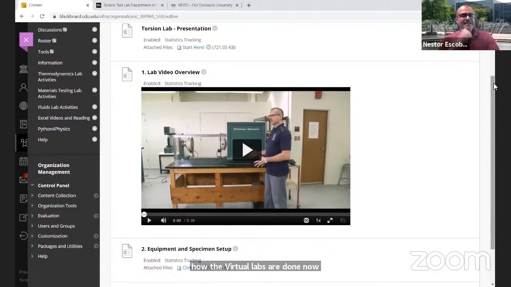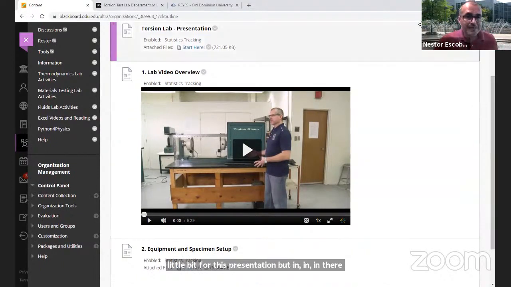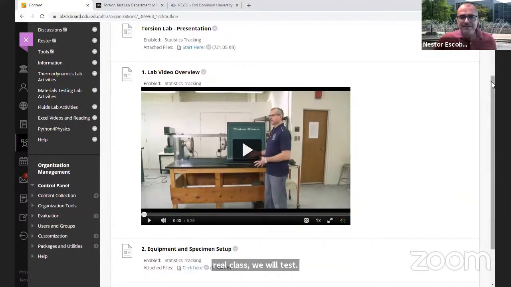Now, that laboratory in there, we have simplified a little bit for this presentation, but in the real class, we would test more materials. We could test 3 different types of materials. When we talk about tension in the next class, then we'll be able to see other materials being tested.